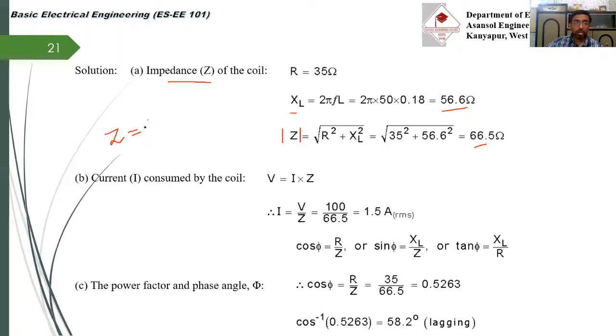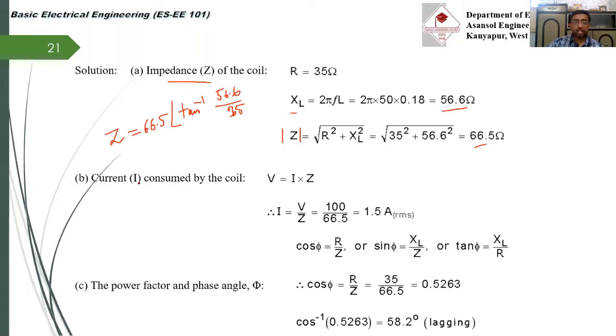Z value will be 66.5 angle tan inverse 56.6 divided by 35. Okay, so it is the final value. If you have calculated, you can find out the angle of theta easily.